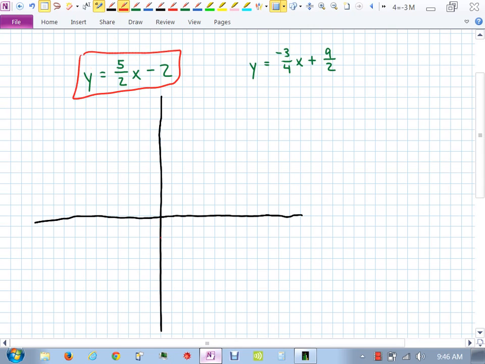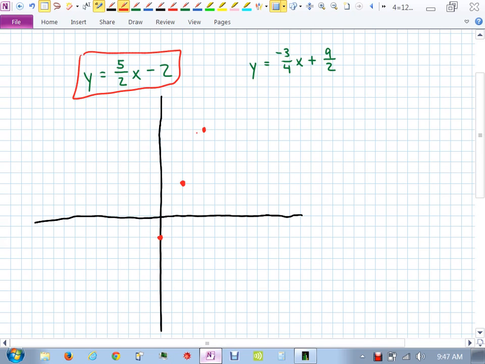Y-intercept of negative 2. A slope of 5 halves, which means what? How can I get to another point? Up 5 to the right 2. So 1, 2, 3, 4, 5 to the right 2. I could do it again. 1, 2, 3, 4, 5 and to the right 2.